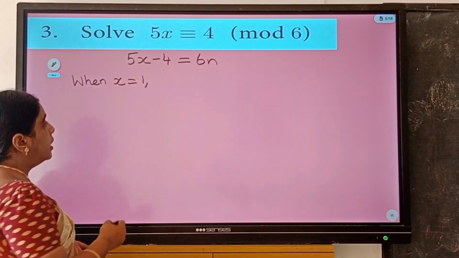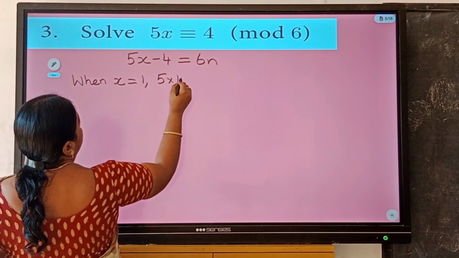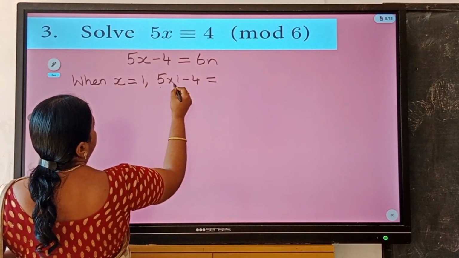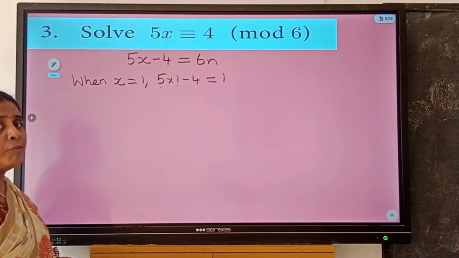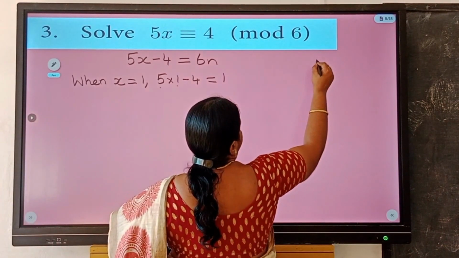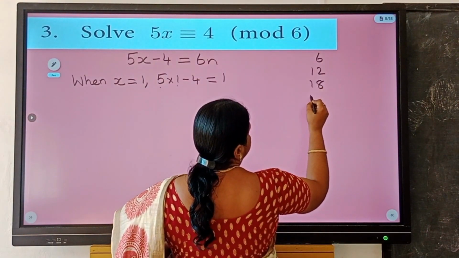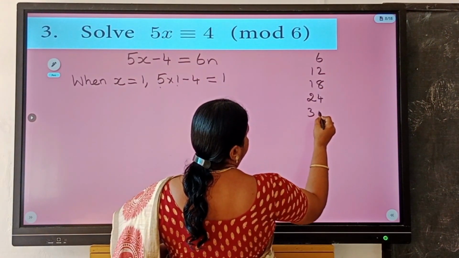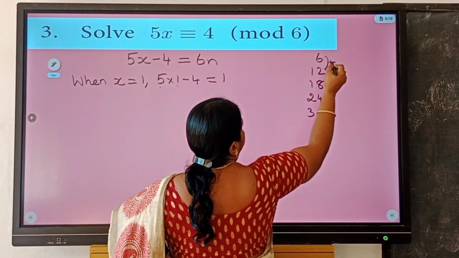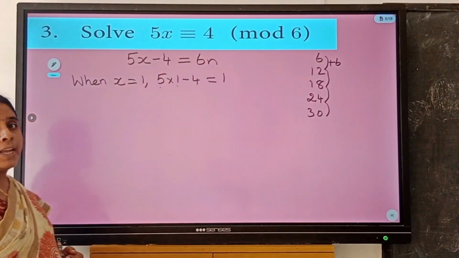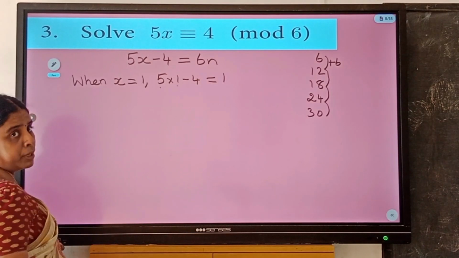As I told you earlier, when x is 1, 5 into 1 minus 4: 5 ones are 5 minus 4 will be 1, which cannot be a multiple of 6. 6 multiples you know, 6, 12, 18, 24, 30, and it goes on. So each number of the table of 6 will differ by 6. They are getting added. So when I take 1, it is not a multiple of 6.